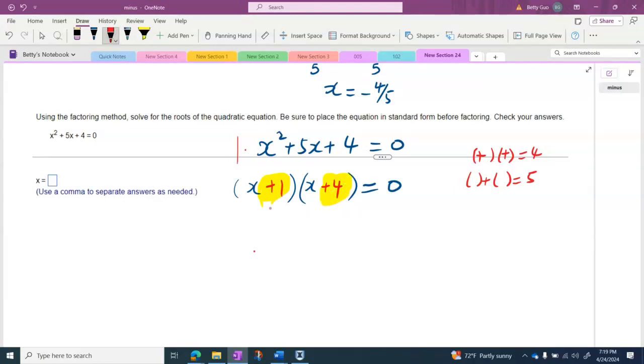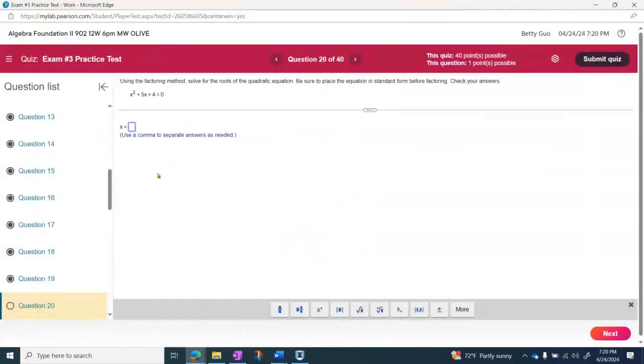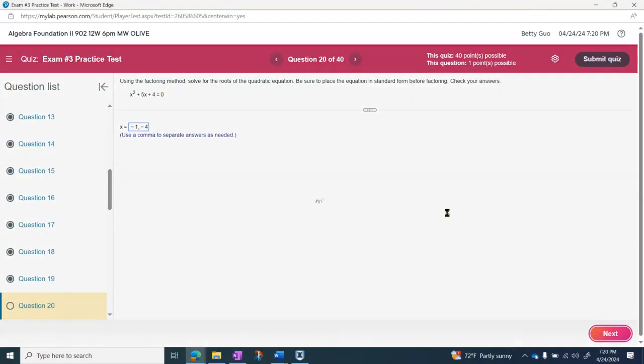The opposite of 1 is negative 1. Opposite of 4 is negative 4. So I'm going to enter negative 1, comma, negative 4. Okay. Next.